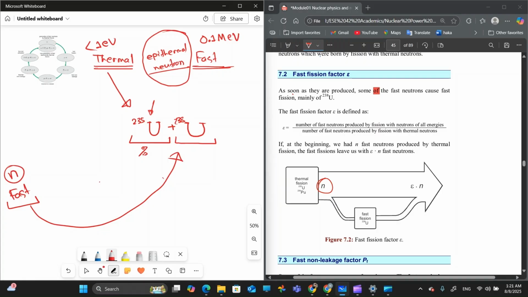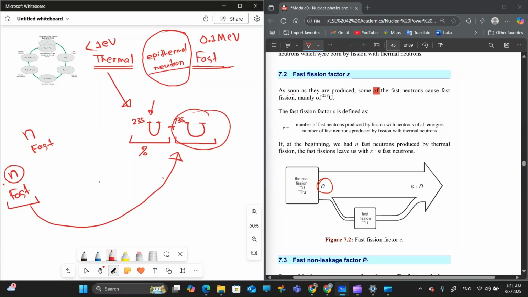Cross section means the probability of reaction. So some of these fast neutrons react with uranium-238 and release some more fast neutrons, so that the total number of fast neutrons is now increased.